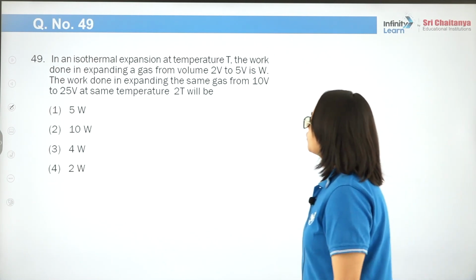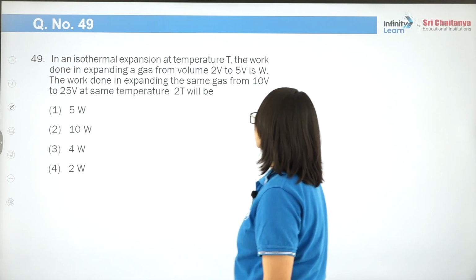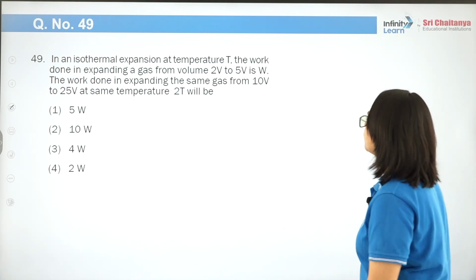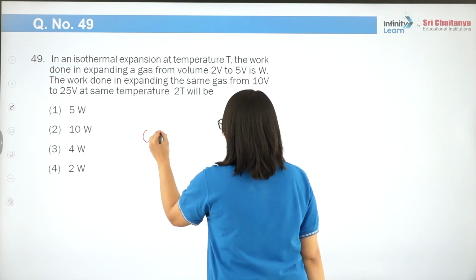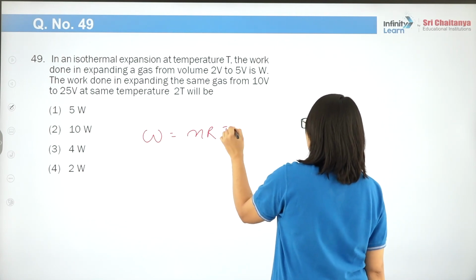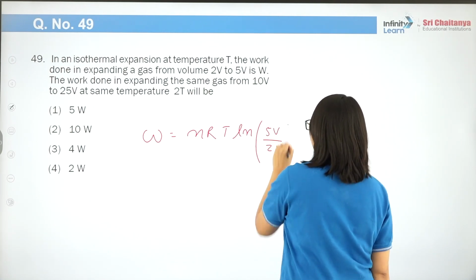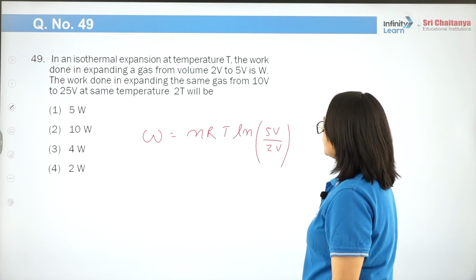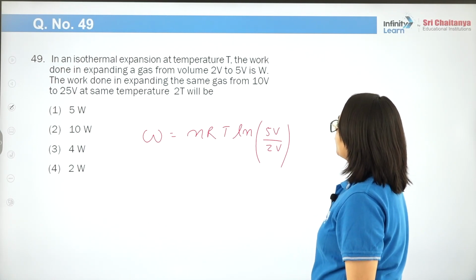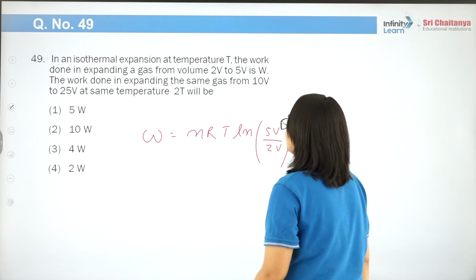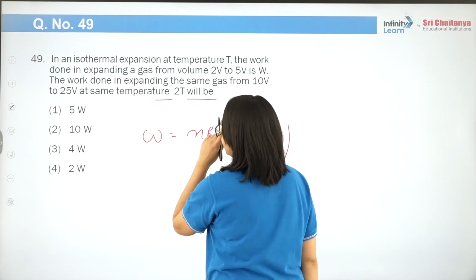Next is question number 49. In an isothermal expansion at temperature T, the work done in expanding a gas from volume 2V to 5V is W. So W is nRT ln V2 upon V1, 5V upon 2V. The work done in expanding the same gas from 10V to 25V at the same temperature 2T will be. Okay.